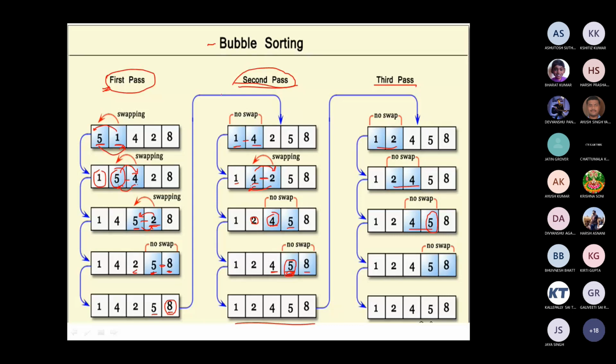Now check how many times it will take to sort. In the best case, the array is already sorted. Suppose 1, 2, 4, 5, and 8.